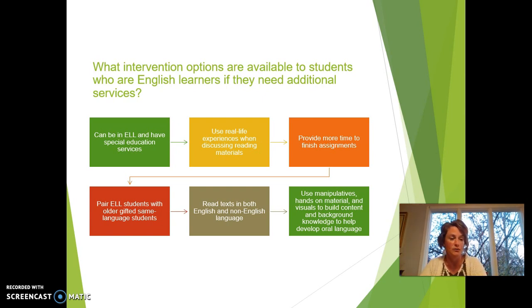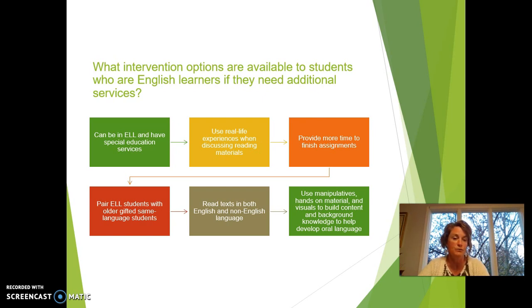Another consideration or intervention is to give them more time to finish an assignment. It's going to take them longer because they're trying to learn the language, so giving them a little more time to get the assignment done is a good thing. Another option would be to pair your ELL student with an older or gifted student that speaks the same language, and they can be a peer mentor to them, which, as research has proven, is a good way for kids to learn through peer tutoring.